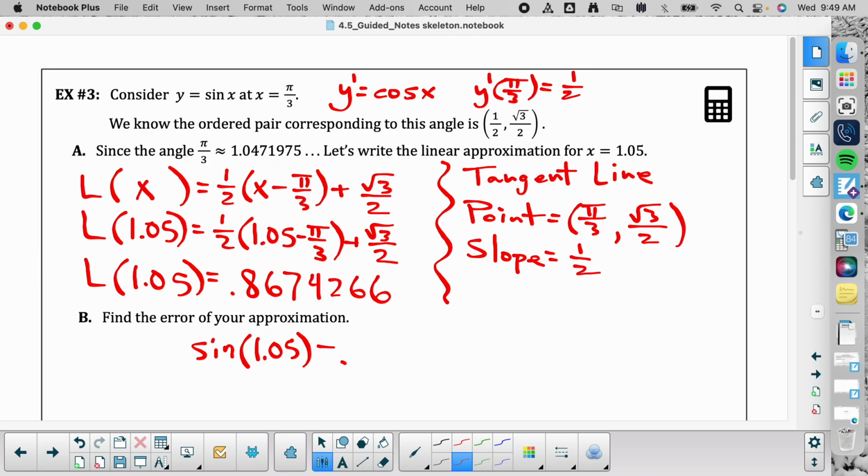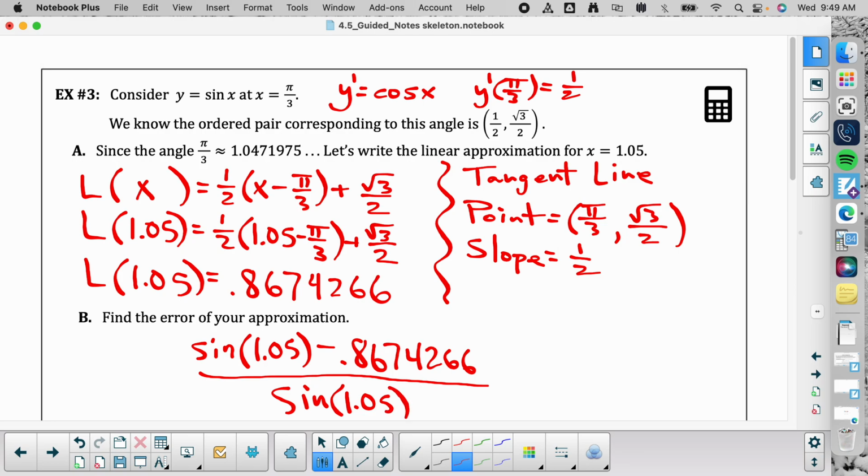The approximate value is what we just found. I only wanted more decimals to make it pretty exact, because I don't know how far off this is. And I would divide by sine of 1.05, which is the original number, to compare how far off they are. This is going to be a tiny number.